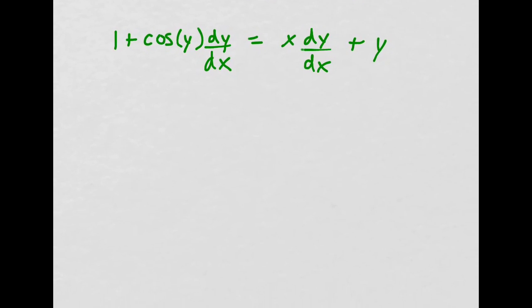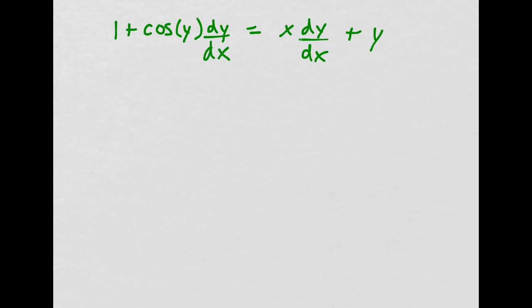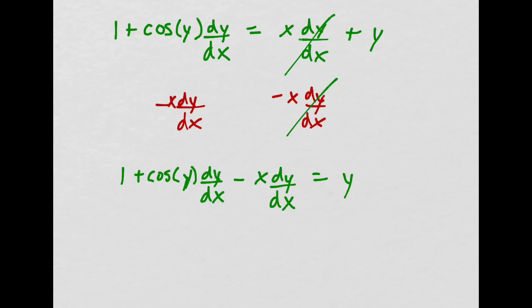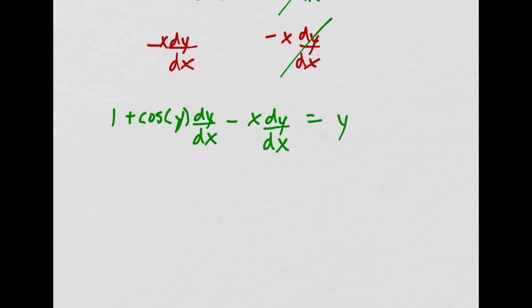All right, now I'm going to solve for dy/dx, and I'll do that first by getting the dy/dx's to one side and then everything else to the other side. Kind of like letters to the left, numbers to the right. So I'll subtract x dy/dx over, and then I will subtract the 1 over.